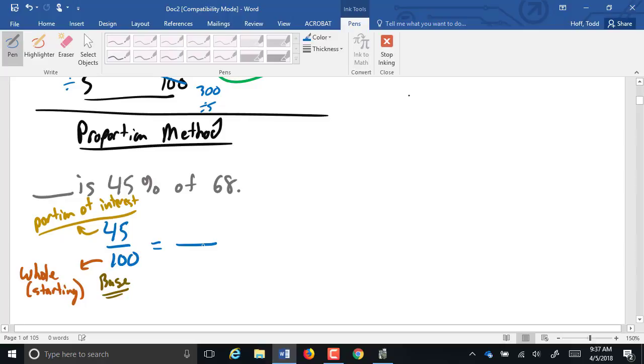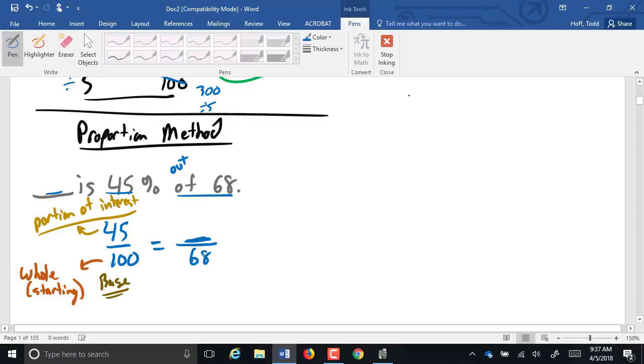So then as we look at this problem, we got to set up the other half of the proportion, and we have to match things up. Remember, we have to have those relationships. Well, blank is 45%. That implies that the blank, or the missing number, goes with the 45. Also, we have of 68. You can read that as out of 68.